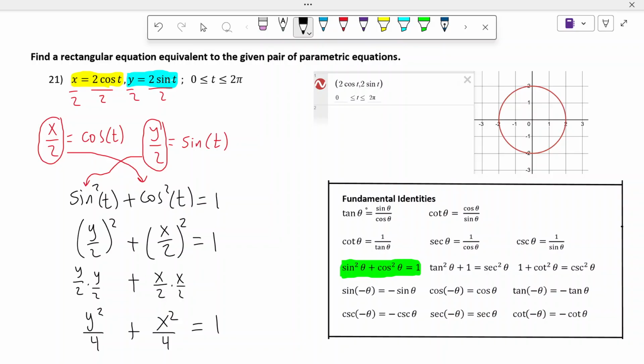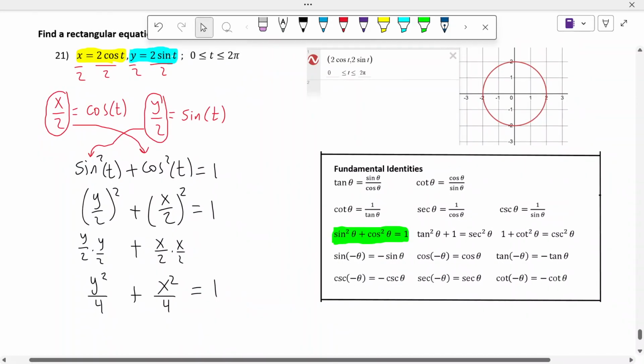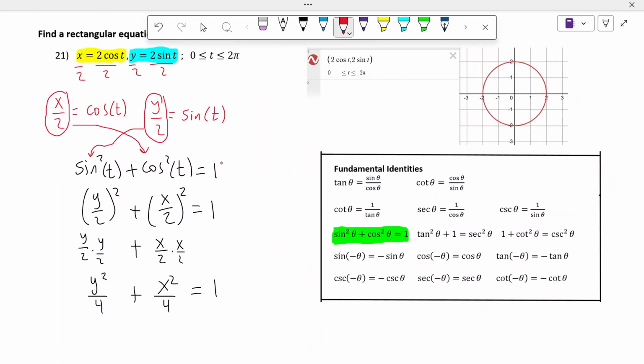And this actually kind of looks like the hyperbolic, or not hyperbolic, excuse me, the ellipse style of function. But we can make it look even more like a circle if I just do one last little thing. I'm going to multiply everything by 4. So times 4, times 4, and times 4. That makes it look like the good old circle structure.